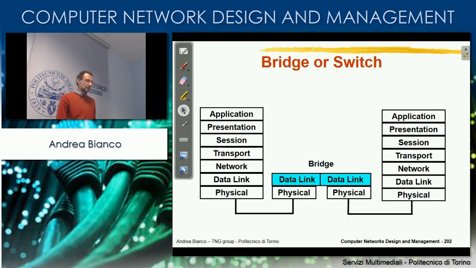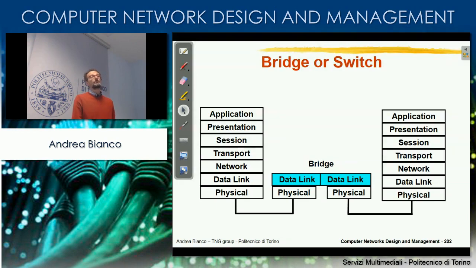Bridge or switch, these are two different terms, but from a functional point of view they are the same thing. Today we are always talking about switches, but bridges were something a little bit older in terms of technology. They came when we had networks cabled through coaxial cable and not through twisted pair.